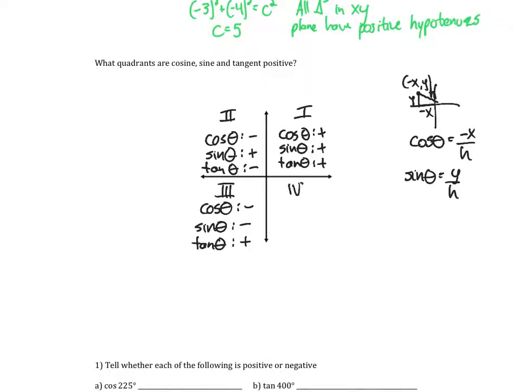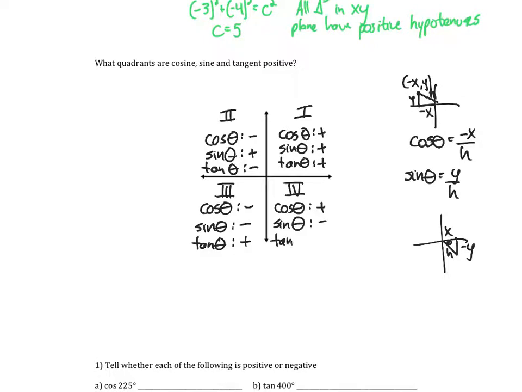And if we go to quadrant 4, let's maybe draw this out. Okay, if I draw a triangle in quadrant 4, there's theta. X will be positive, y will be negative, and the hypotenuse we know always has to be positive. Well, cosine would be x over h, so that would have to be positive. Sine of theta would be negative y over h, so that must be negative.